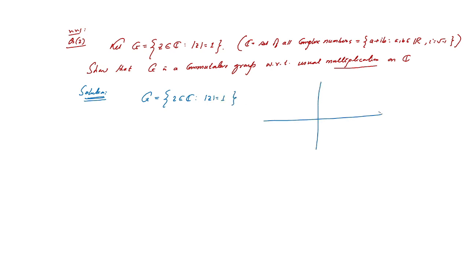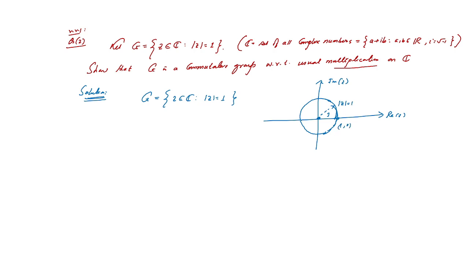That means if we draw, this is your real Z and this is your imaginary Z. The elements which lie on the unit circle on the complex plane, the radius is 1 unit. In that case, mod Z equals 1.